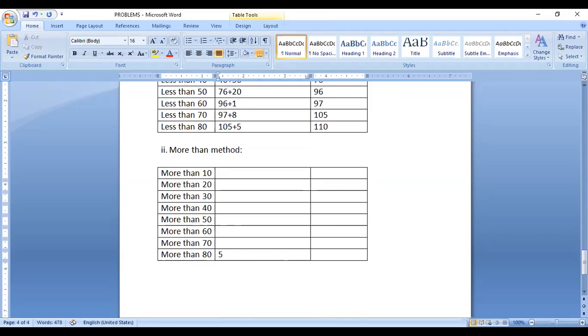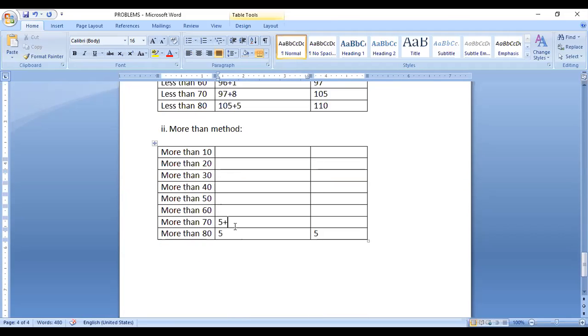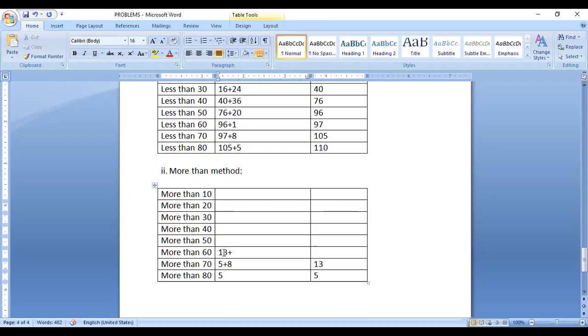So 5 is there. At the end, you keep it as it is. Next class, 5 plus 8 is there, 13. Next one, 13 plus 1 is there, 14. So next one, 14 plus 20 is there, so it is 34. 34 plus 36 is 70.